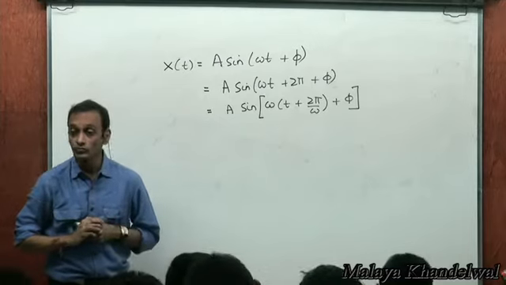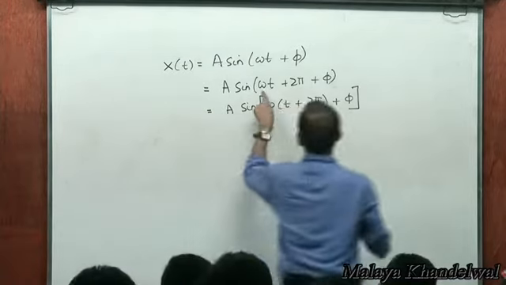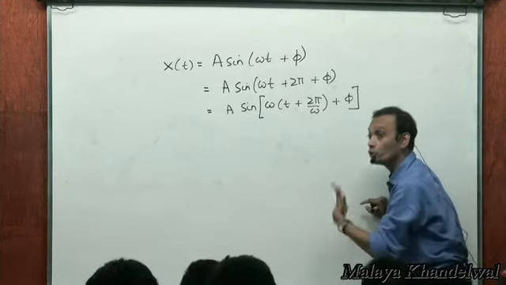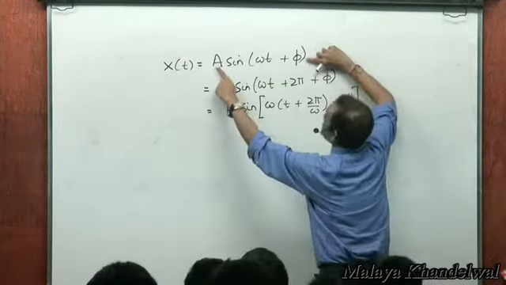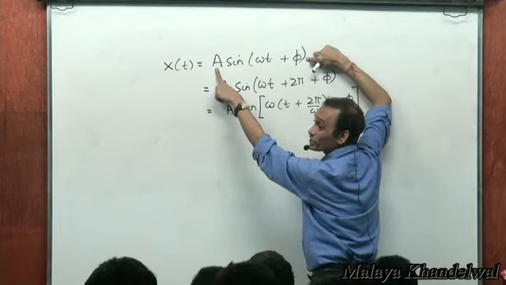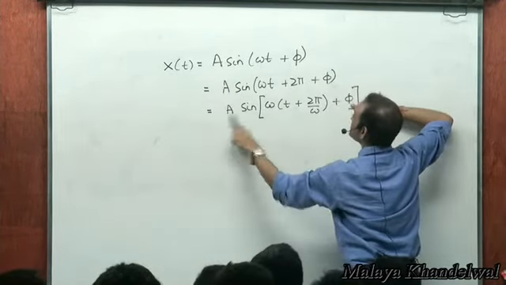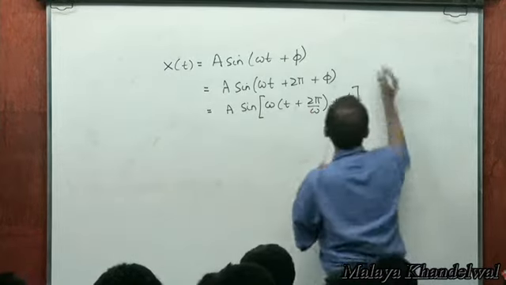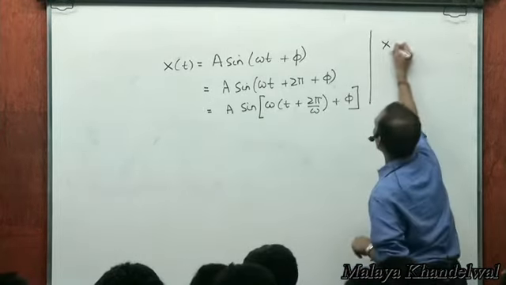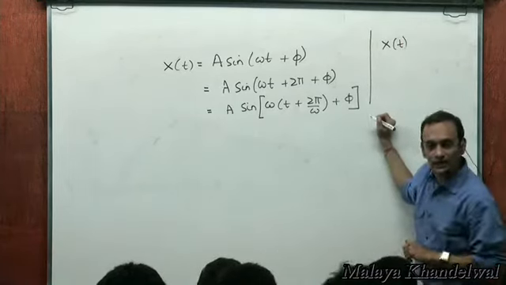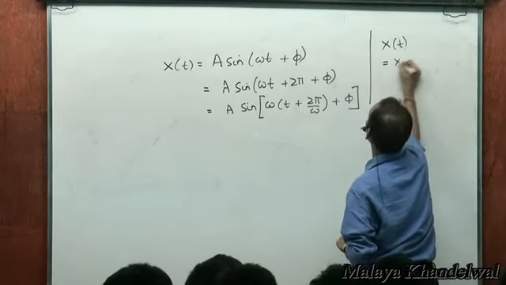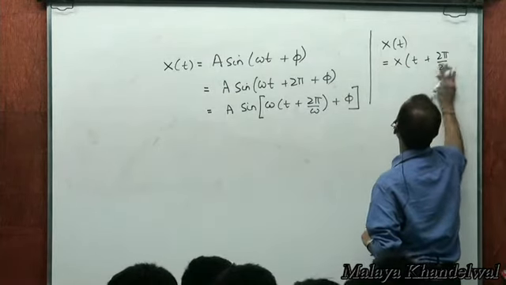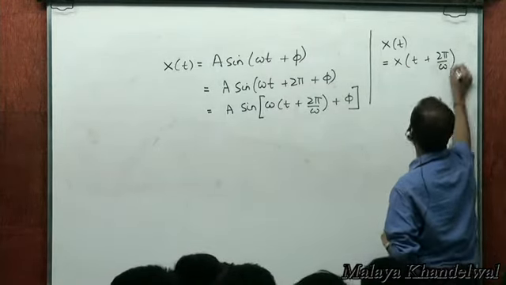Yes or no? I took omega common from these two terms, t plus 2 pi by omega. Yes or no? Okay, this is displacement at an instant of time t. Do you realize this is displacement at an instant of time t plus 2 pi by omega, right? So that means one thing, the displacement of the particle at an instant of time t is the same as the displacement of the particle at an instant of time t plus 2 pi by omega.